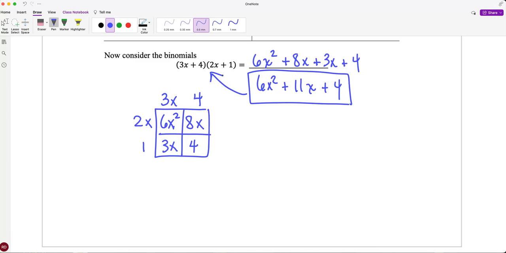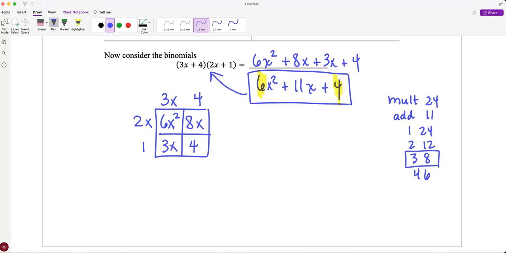So what we need to do in this particular case is I need to look at these two numbers, okay? What I need here are numbers that multiply to 24 and add to 11. So factors of 24, 1 and 24, 2 and 12, 3 and 8, 4 and 6. That's the way to get them to add to 11.